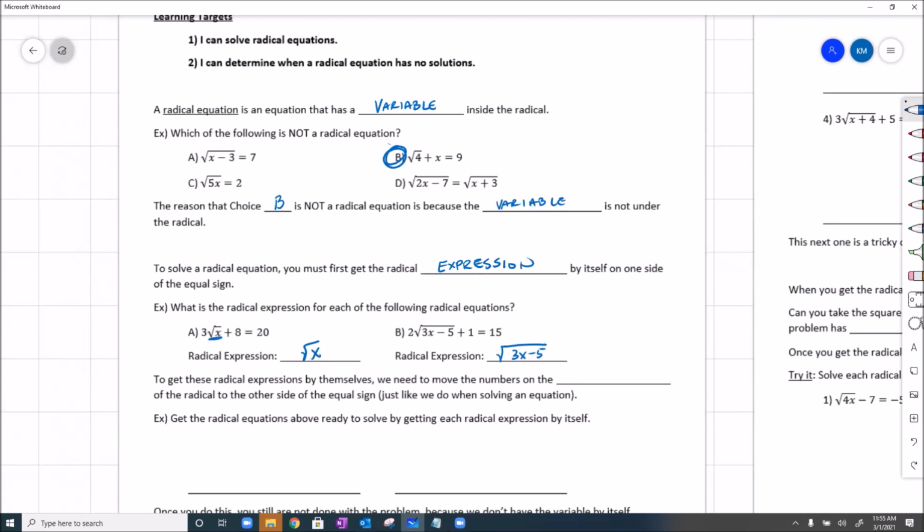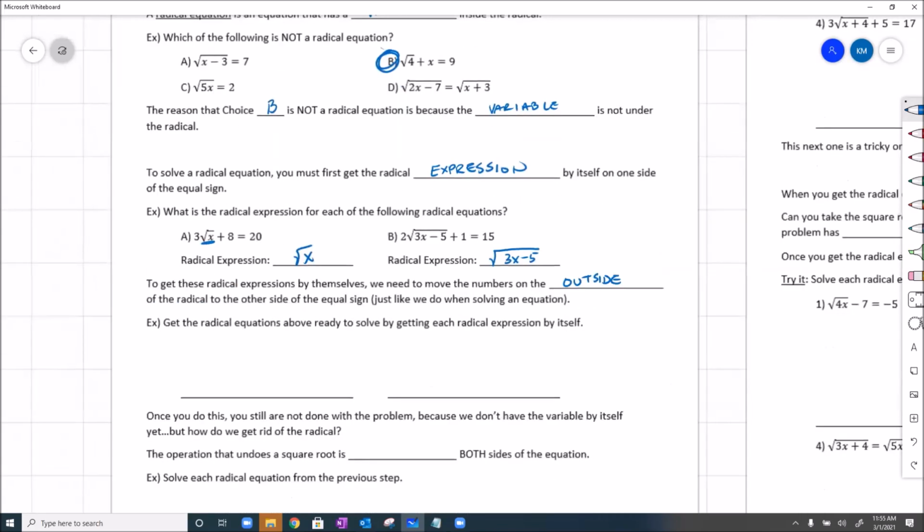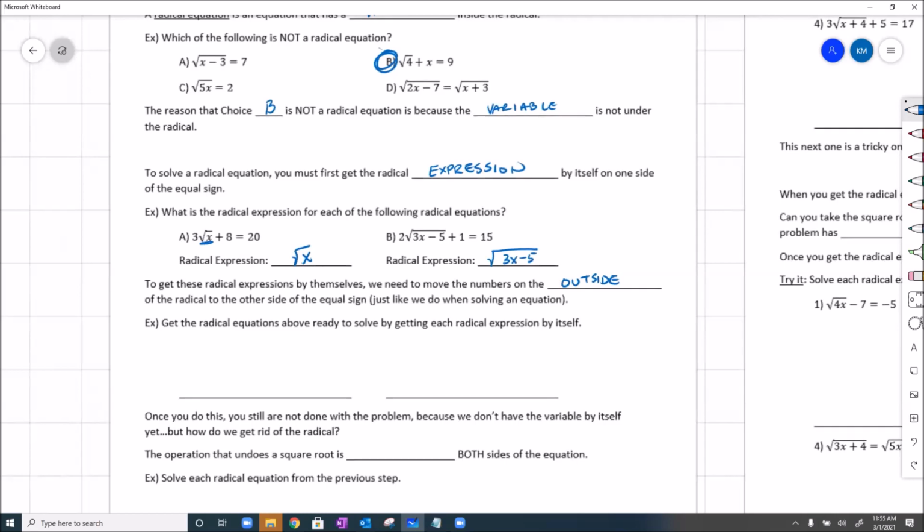To get these radical expressions by themselves, we need to move the numbers on the outside of the radical to the other side of the equal sign, just like we have been doing when we solve an equation. So for A, when we had 3 radical x plus 8 equals 20, let's get this radical by itself.